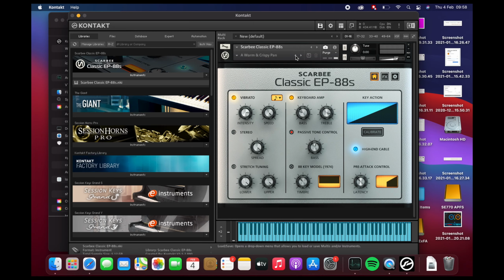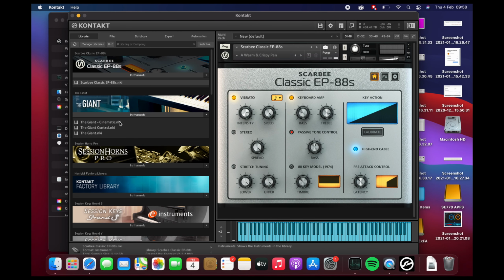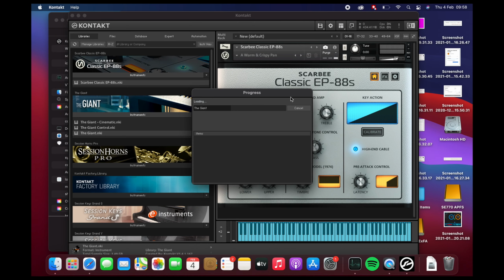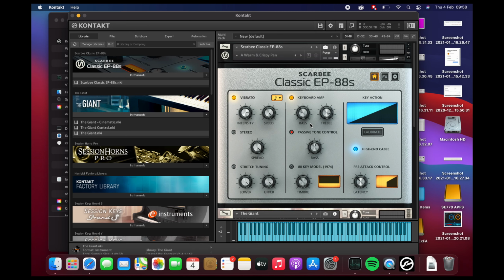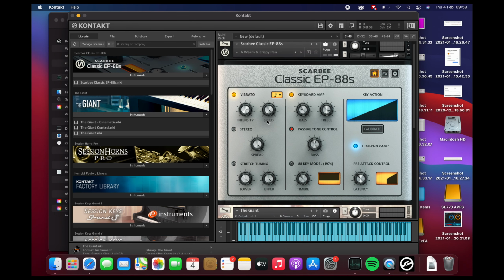Let's load the next one, so the Giant, for example. It's loading by the way from an SSD, an ADATA SSD, through the USB-C port, and not from the internal SSD. So let's have a look now.